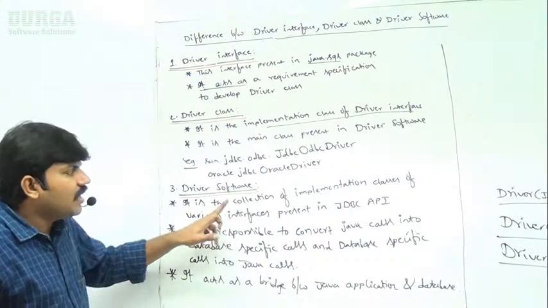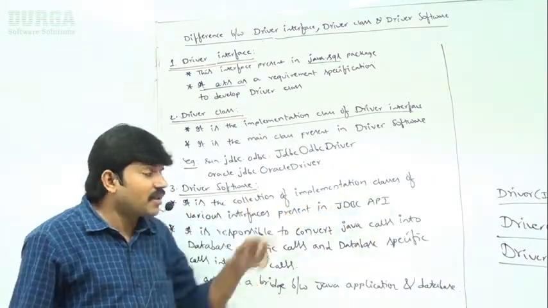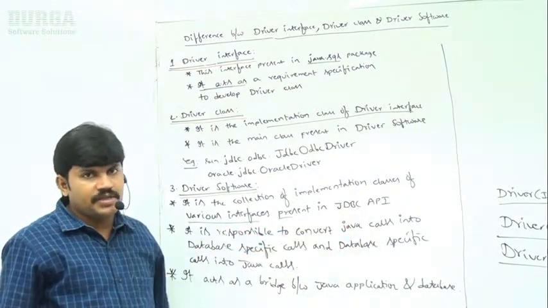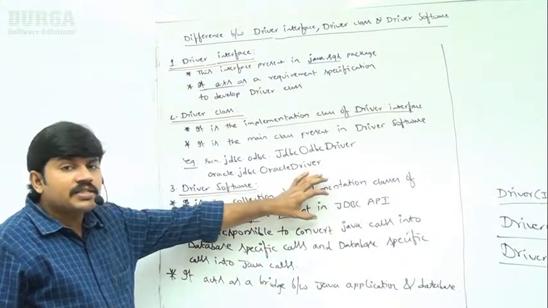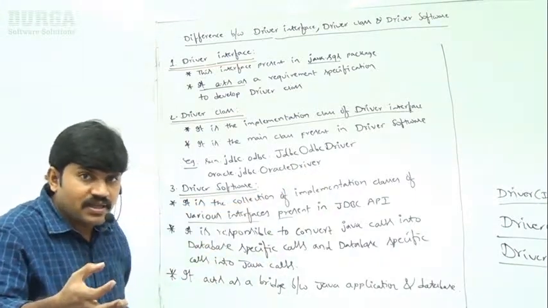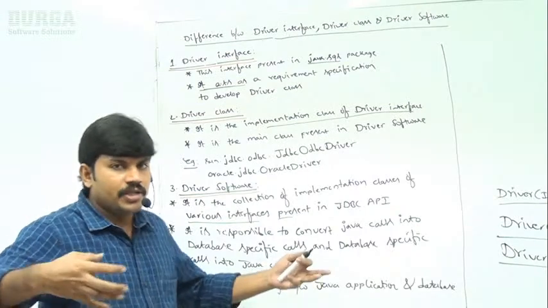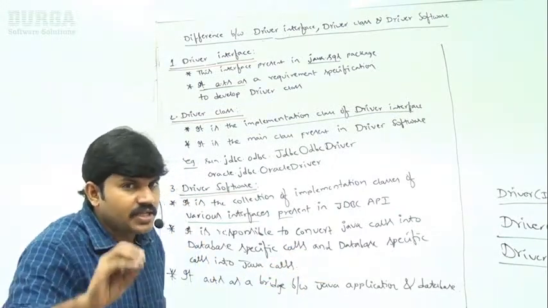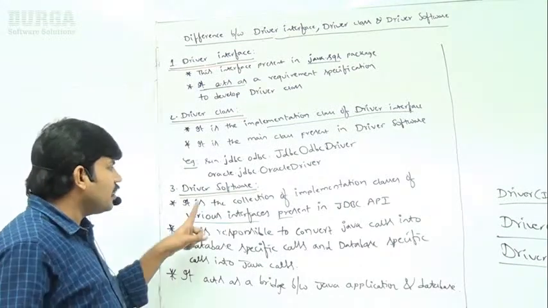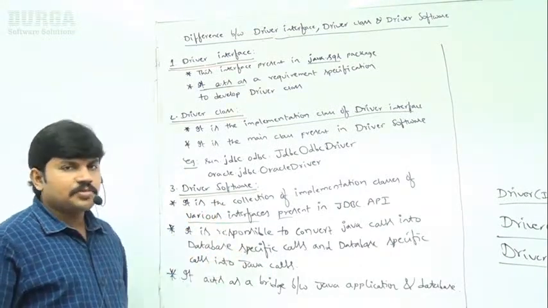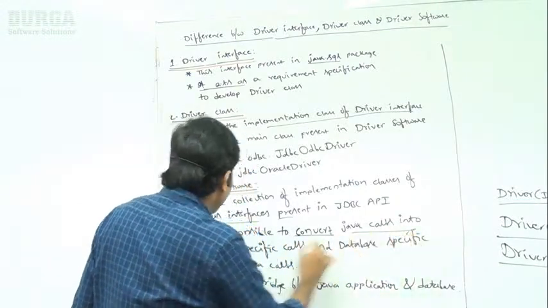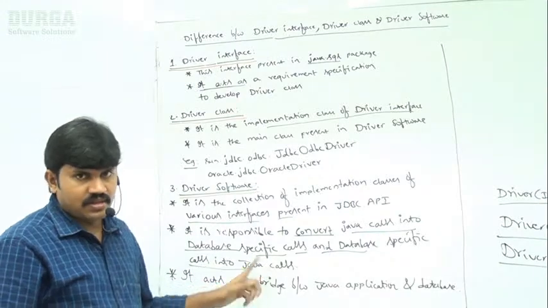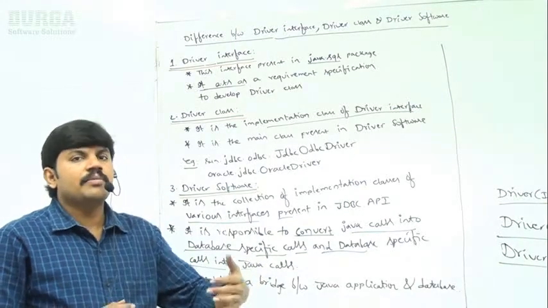It is the collection of implementation classes of the various interfaces present in the JDBC API. A group of implementation classes of the interfaces present inside the JDBC API is nothing but driver software. It is responsible to convert Java calls into database specific calls and database specific calls into Java calls. So Java to database, database to Java.